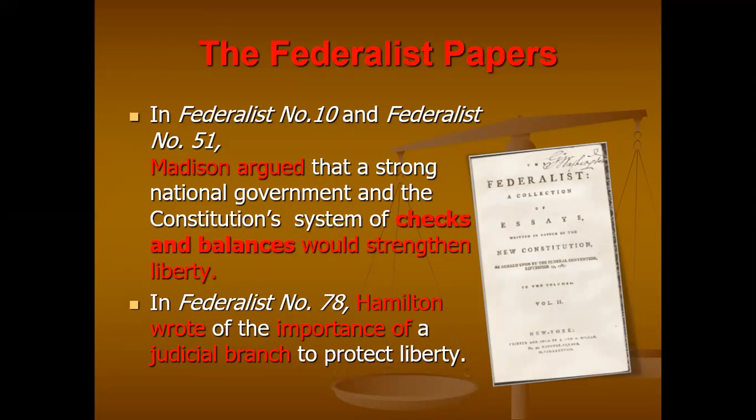They cannot do anything without approval of the others. And in number 78, Hamilton writes about the importance of a judicial branch to protect the people's liberties. The judicial branch's job is basically to say whether a law is constitutional or not, whether a law follows and does not contradict any previous laws.